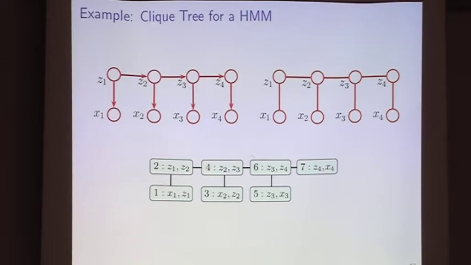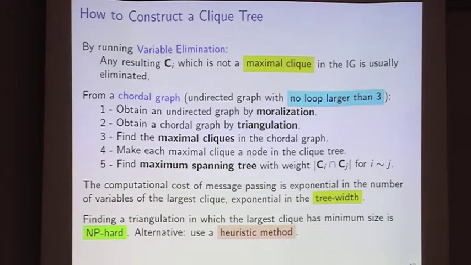So one of the maximal cliques is this one, X1, Z1, Z1, Z2, Z2, Z3, and so on. And then we would connect the nodes by finding a maximum spanning tree with a weight given by the number of common variables between the 2 nodes connected by each edge.